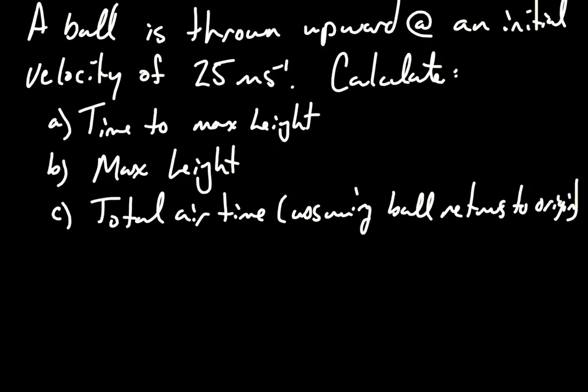Okay, so you're going to have to reach into your bag of tricks from kinematics, and you're going to realize, first of all, that as the object travels up, your time to max height is going to be found via this formula. Now, why is that? If you think about it, as the ball goes up, it slows down, right? So it's got an initial velocity, it's got a final velocity.